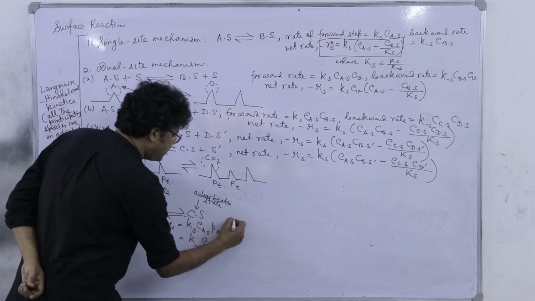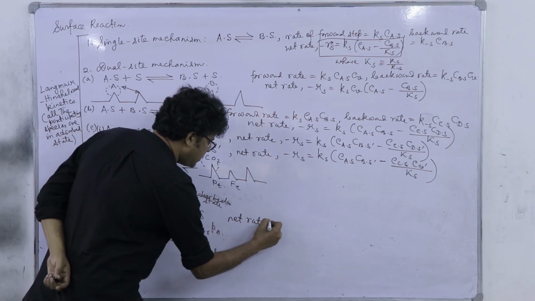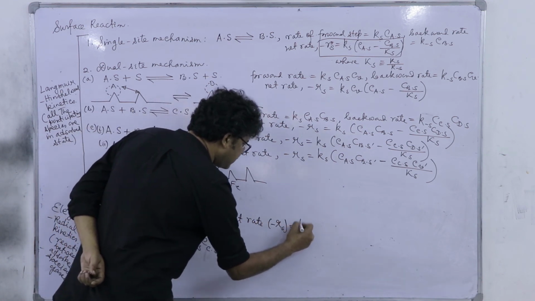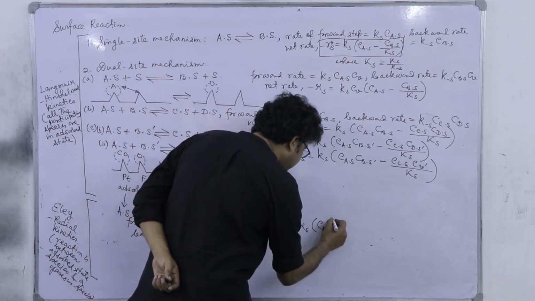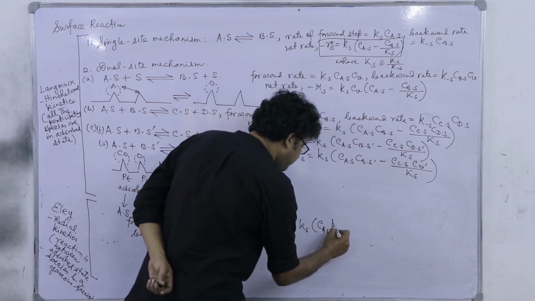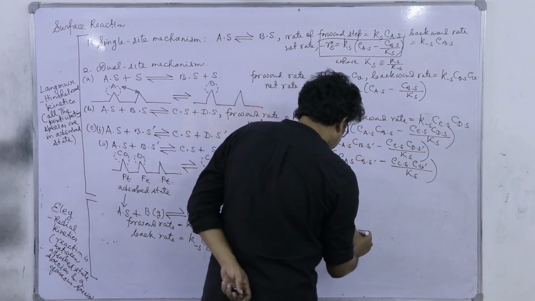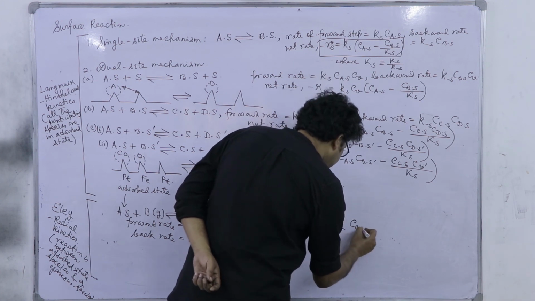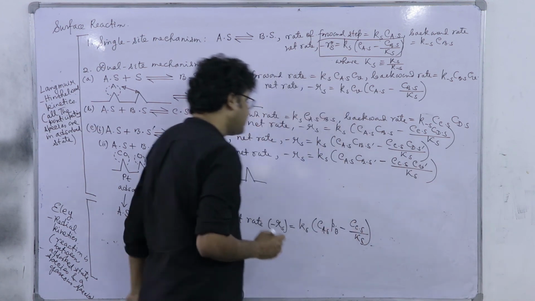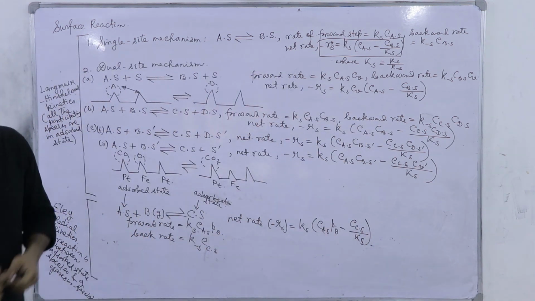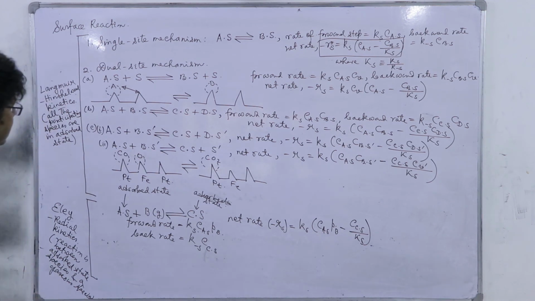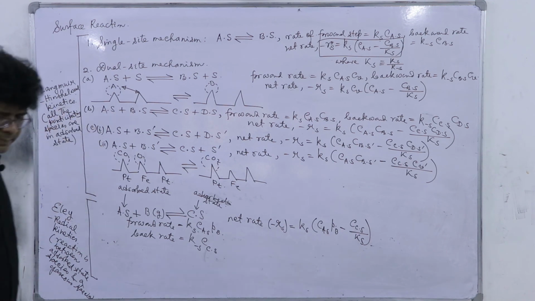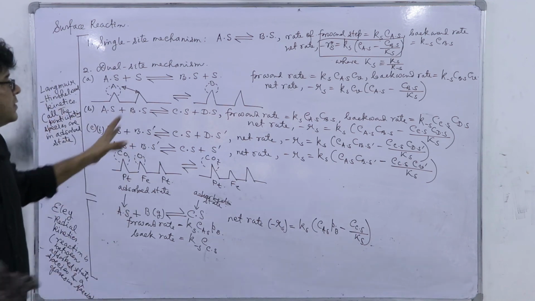So, net rate, minus Rs, is equal to Ks C of A·S into Pb minus C of C·S divided by Ks. That is the expression for that, and that is the reference to this Eley-Rideal mechanism. Now, that is all about the surface reaction.